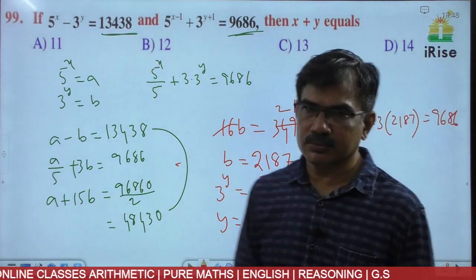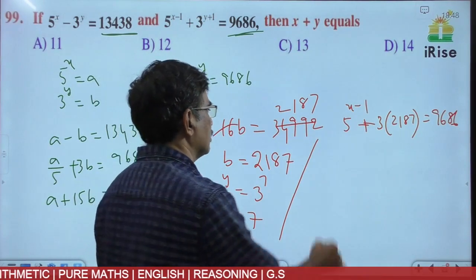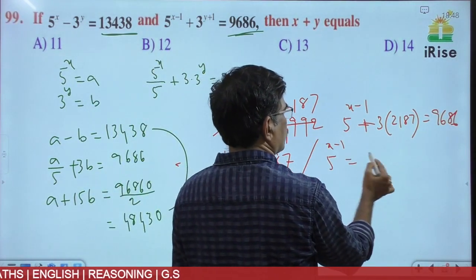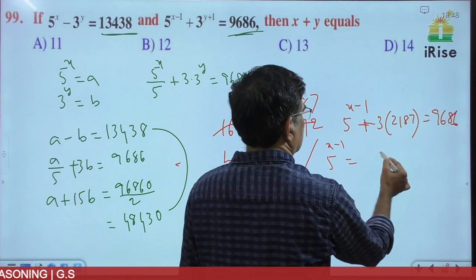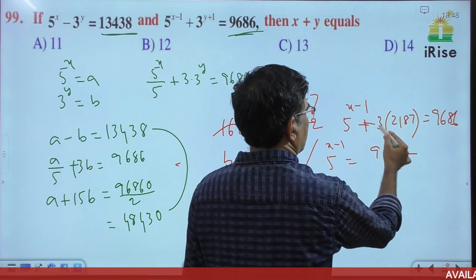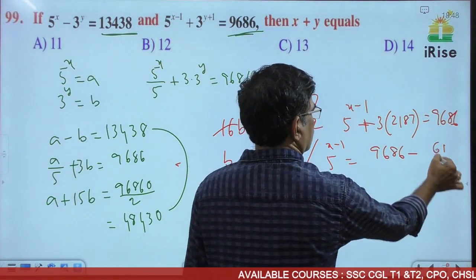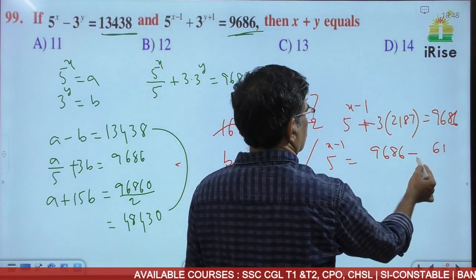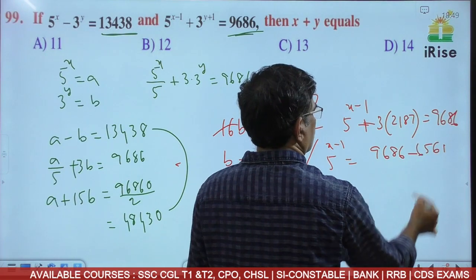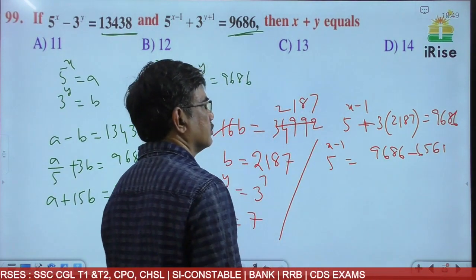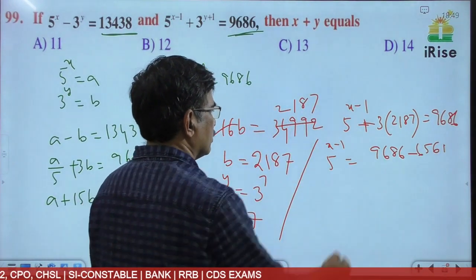This is the condition. I want to use the second condition. So 5 power x minus 1 is equal to 6561 minus 3 7s 21, 6561. Then what do we get?